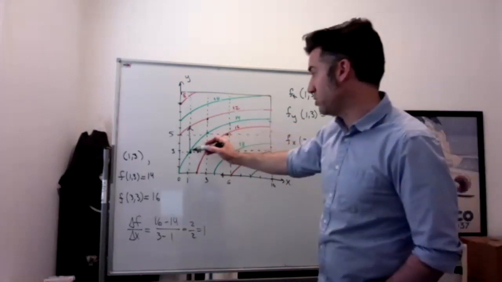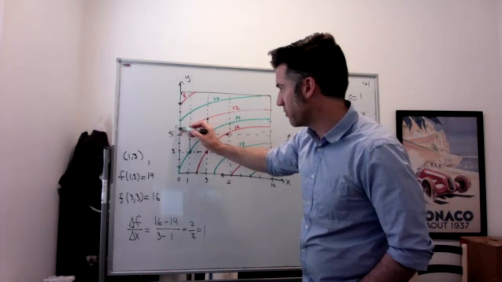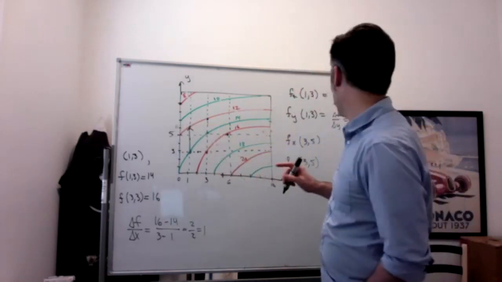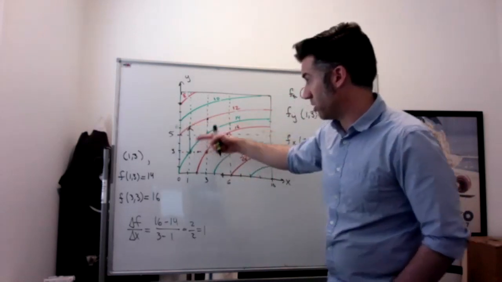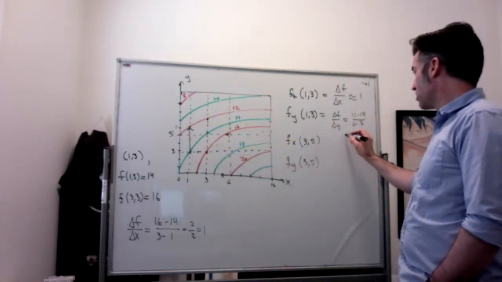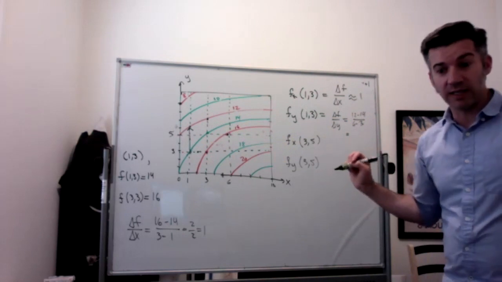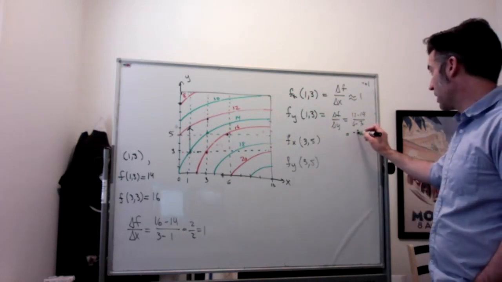The change in y is from here to here, which looks like 6, so 6 minus 3. So my partial derivative with respect to y is approximately negative 2/3.